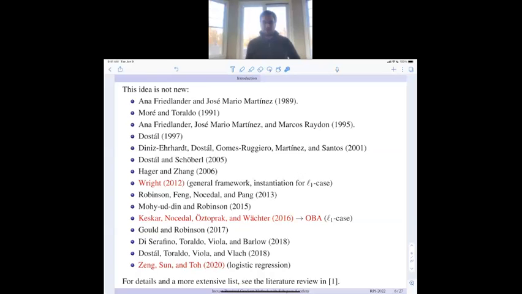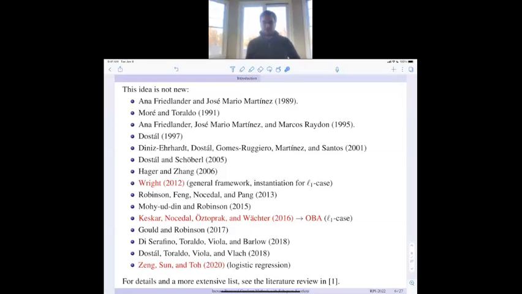For example, the ones I've highlighted in red, where Steve Wright looked at a very general framework. But the general framework is so general that when you think about how to actually implement it for any particular choice of regularizer, things get pretty complicated. Although he was able to do it for the L1 case, when you think about how to make his framework implementable for the group L1 case, the group regularizers, it's not at all clear how to do it.